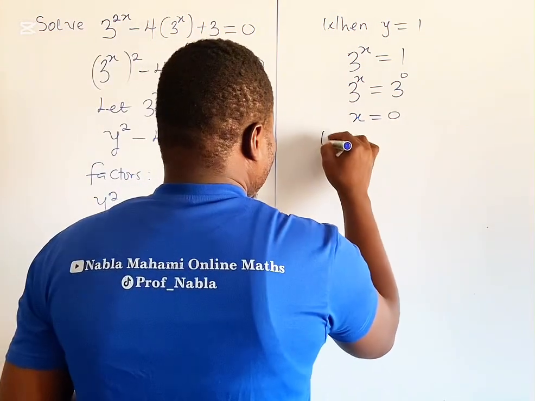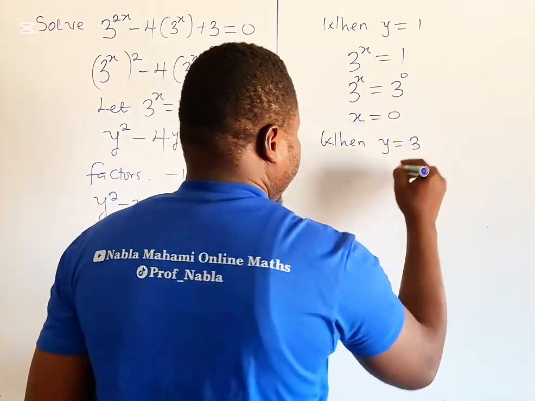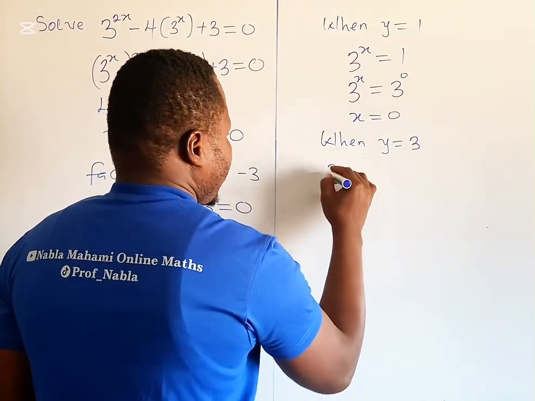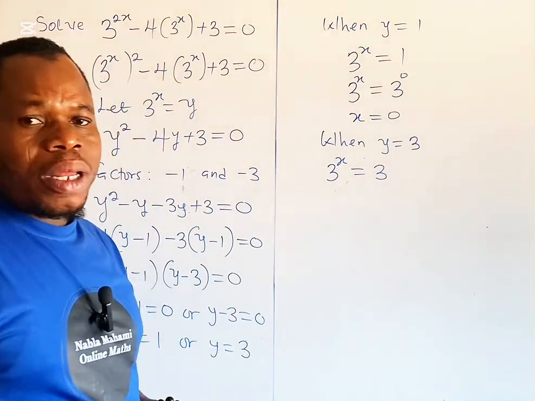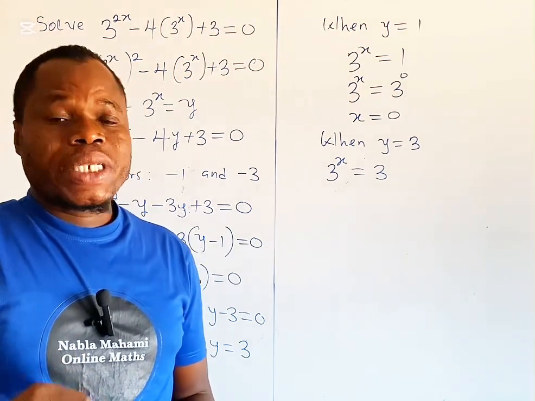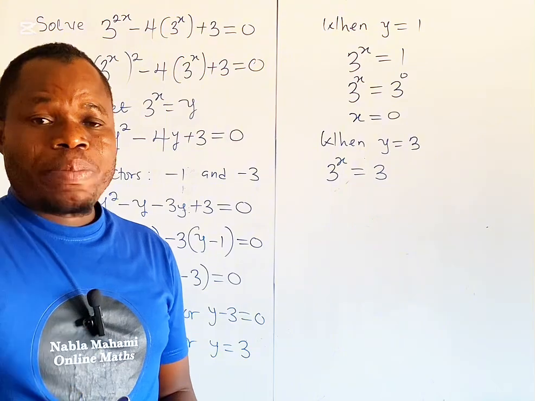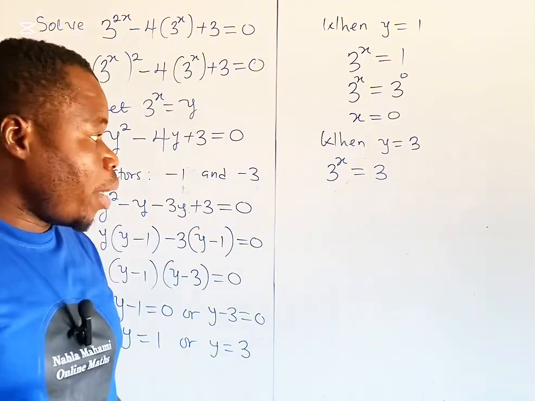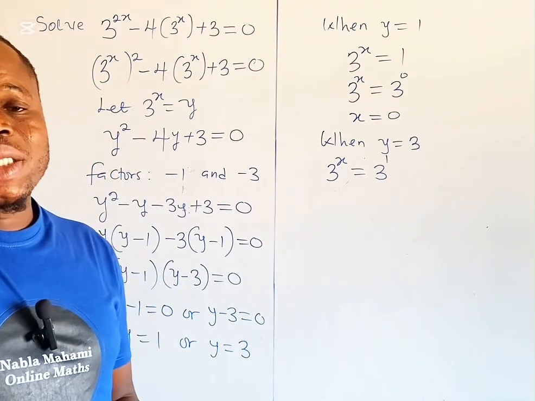Then we use the other value. When y is equal to 3, then I have 3 exponent x is equal to 3. And one of the properties is also saying that any number raised to the power 1 is equal to that number. So if I say 3 exponent 1, it means that it's the same as 3.